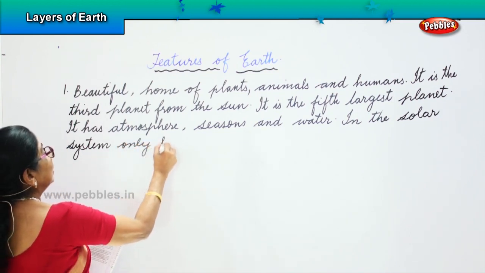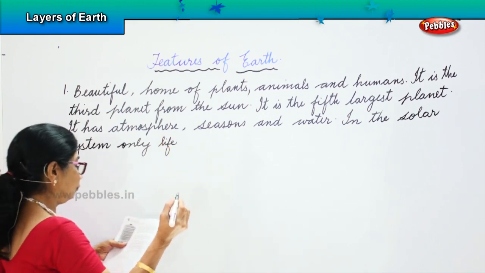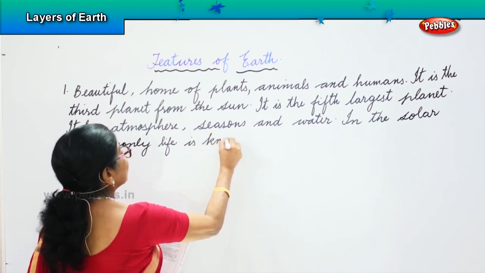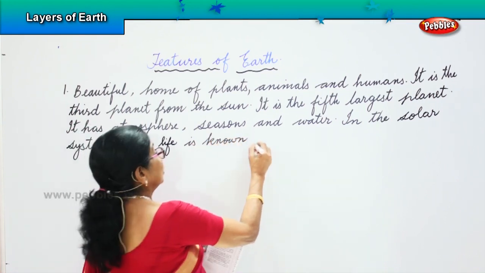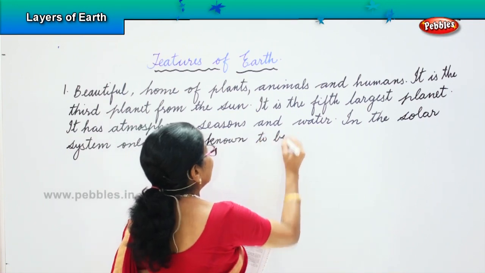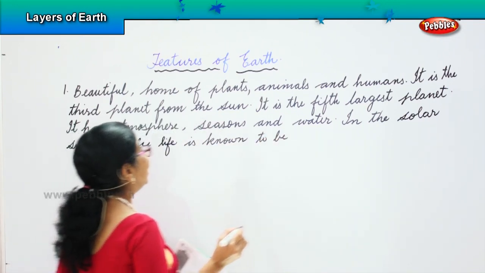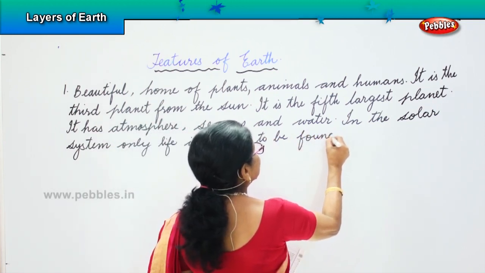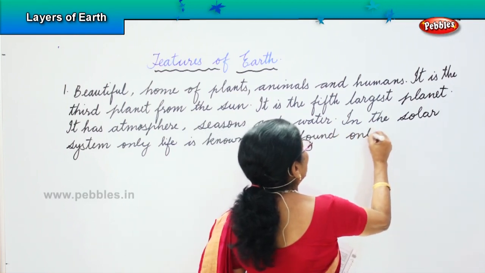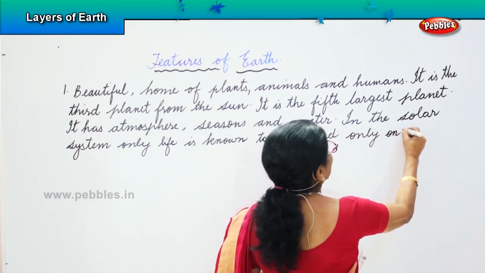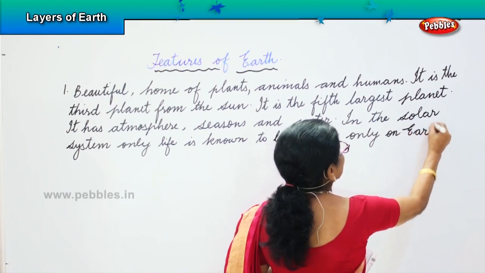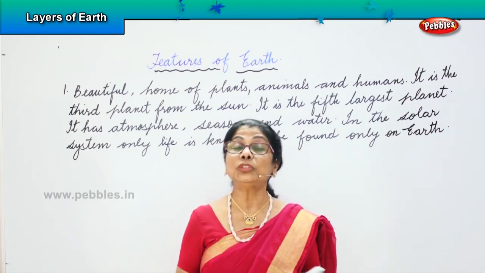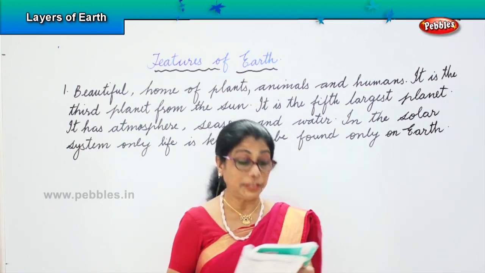Life is known to be found only on Earth. So that's the first most important feature of the Earth.